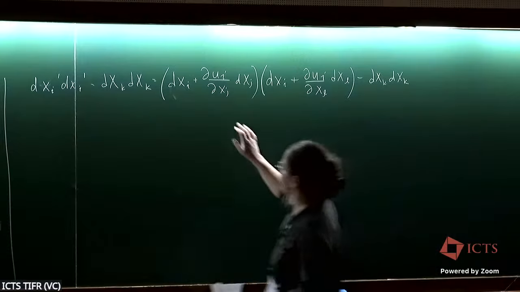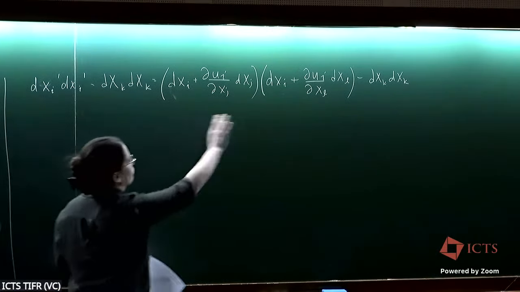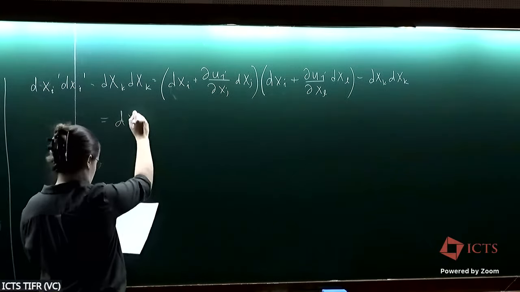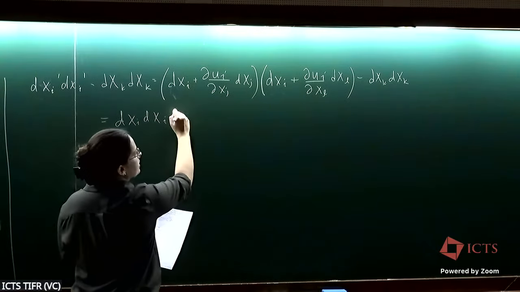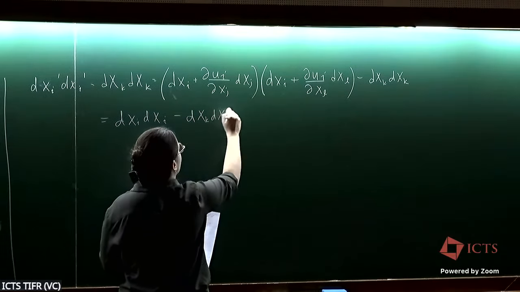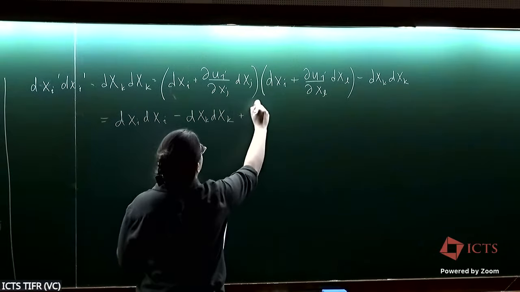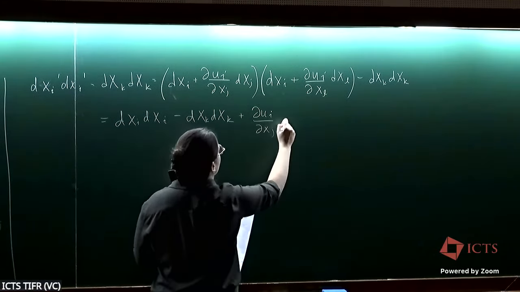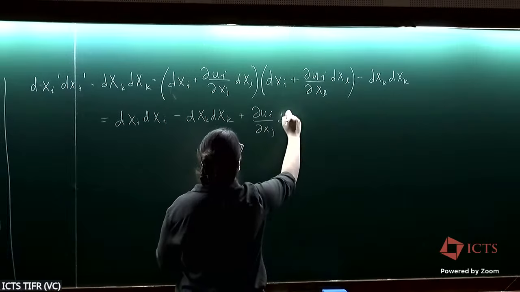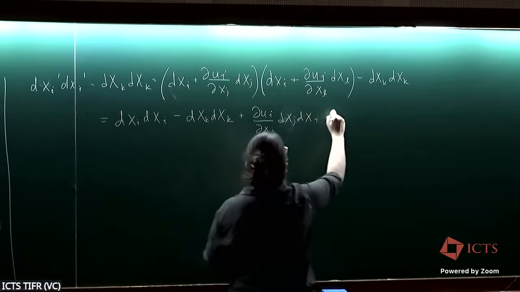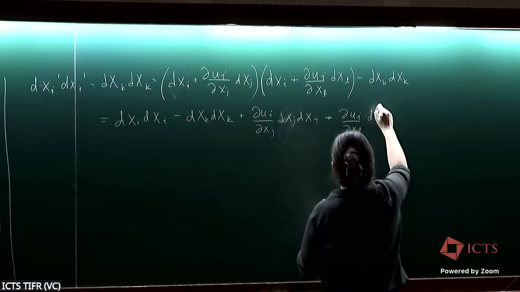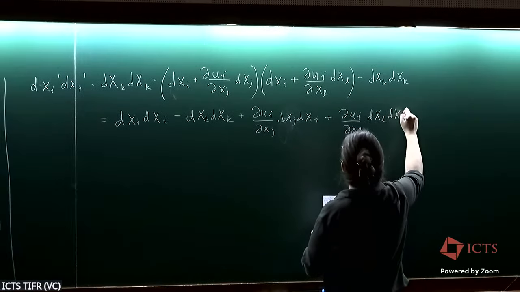All right, these terms, we can now FOIL this out. We have dx_i dx_i. I'm going to pull in this term now because we'll see these very nicely cancel. Then there's partial u_i partial x_j dx_j dx_i, plus partial u_i partial x_l dx_l dx_i.